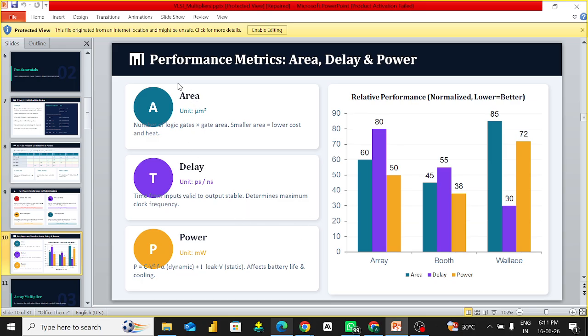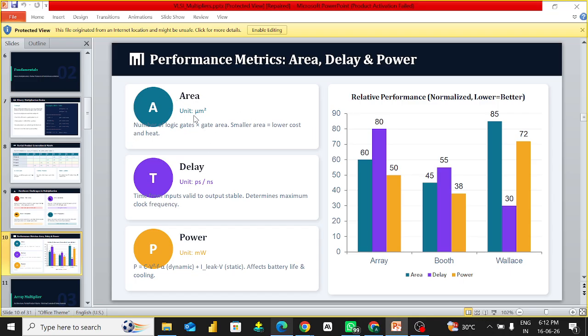Okay, so this is the amount of silicon area you are going to use. Okay, so this is measured in this unit. Just remember this unit and delay. These are some interview questions that they are going to ask.